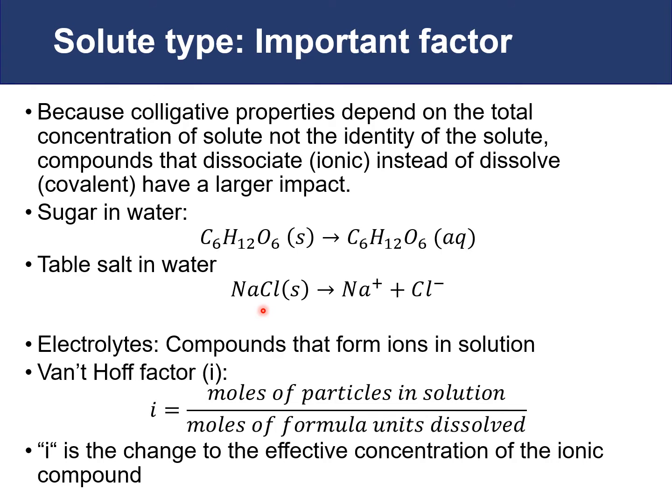The term that we use for compounds that break apart into solution to form ions is electrolytes. The Van't Hoff factor is a way of accounting for this splitting of your molecule into smaller ions. However, because the ions themselves do attract each other in solution, some of the ions will be associated with each other or next to each other, which in essence decreases their effective concentration to a lower value.